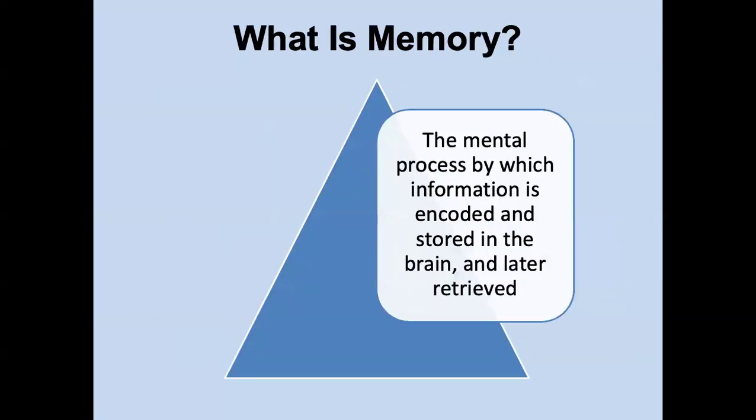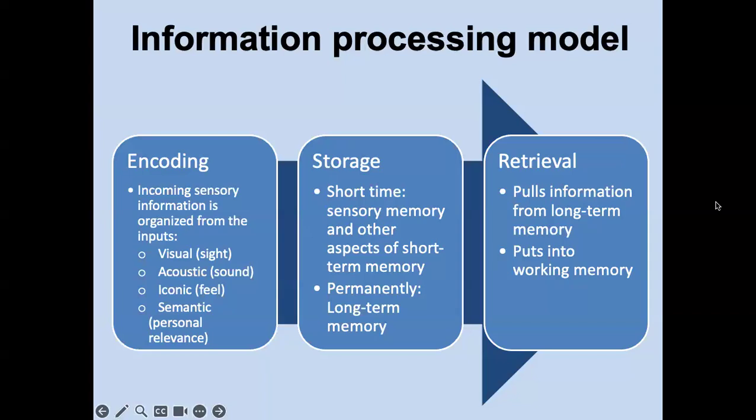So what is memory? The mental process by which information is both encoded and stored in the brain and then later pulled out. So memory is all 3 of these things, and we're gonna take those one at a time. The information processing model is basically the overview of how memory works.